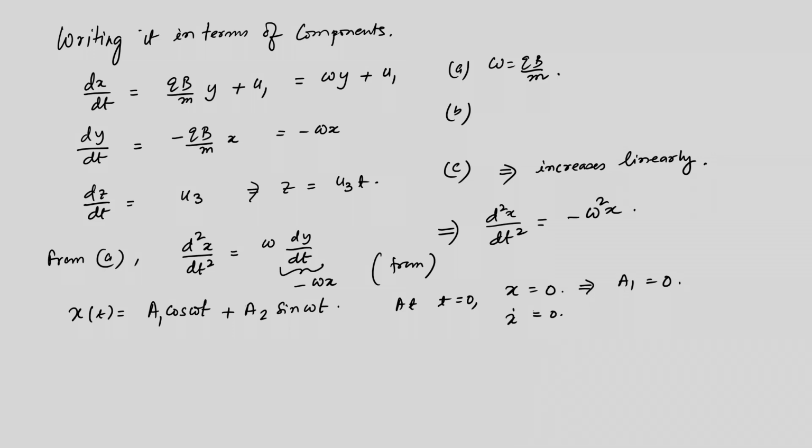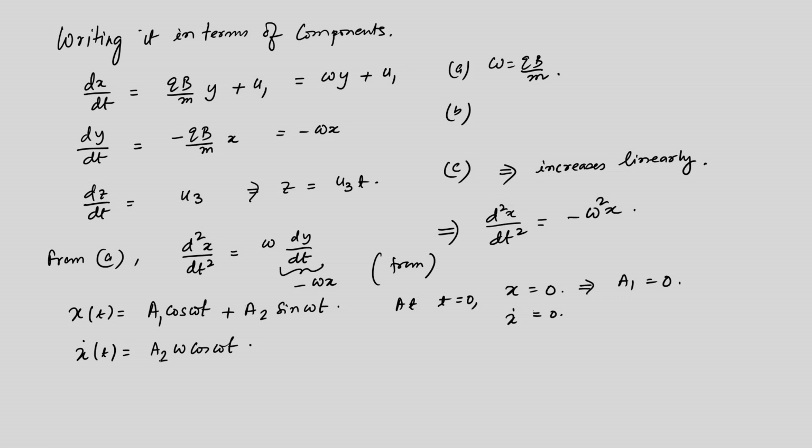So, only the a2 constant remains, and if x dot is equal to 0, we get x dot of t as a2 omega cos omega t. Now, at t equal to 0, the velocity is also 0 in the x direction, which tells that A2 has to be u1 over omega.